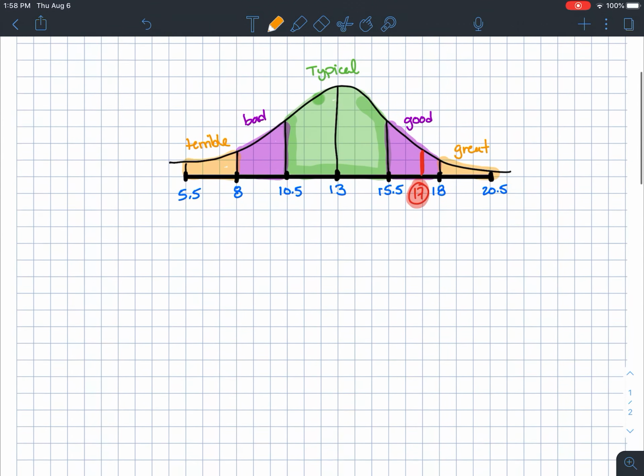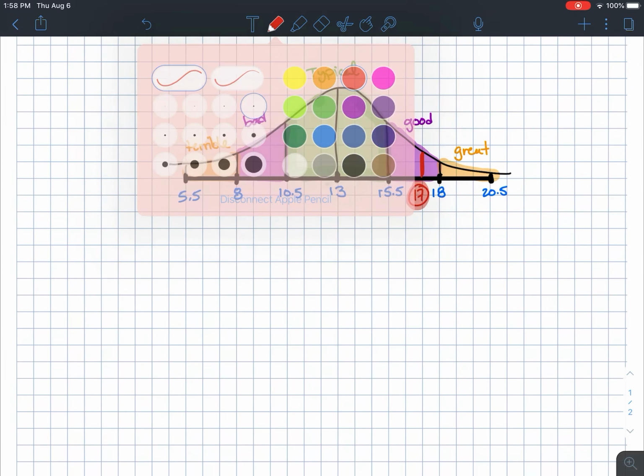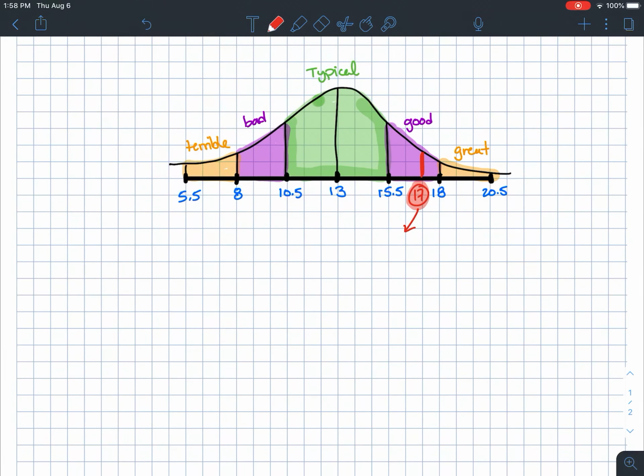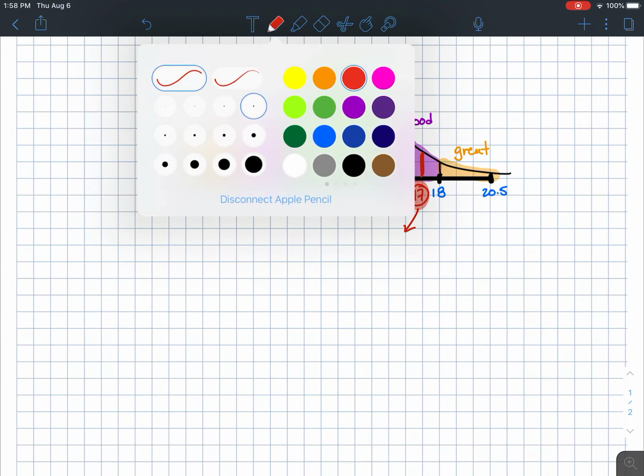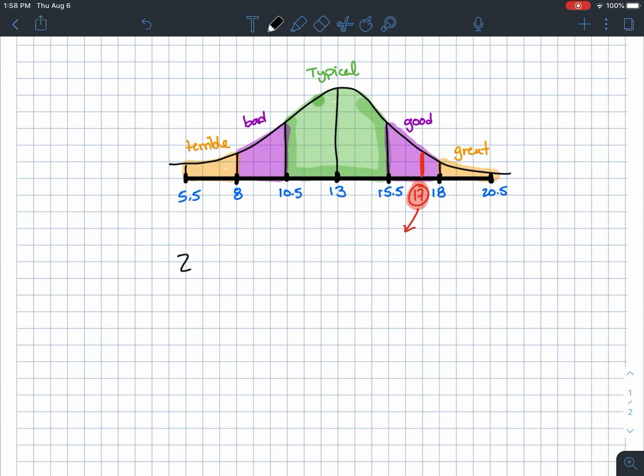So our focus today is to figure out, how do I know if that 17 is going to be good? Without even looking at the curve or drawing the curve every time, how can I figure out if 17 is a good thing? And this is where we're going to get into what's called a Z-score. I mentioned it briefly before with a Z-score table, but we're just going to focus on finding a Z-score.